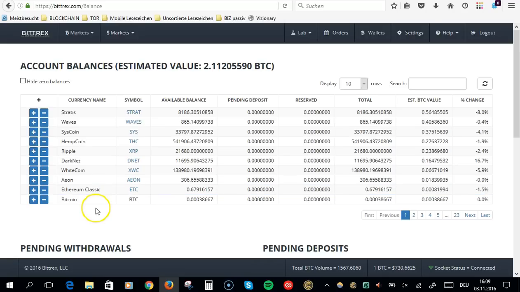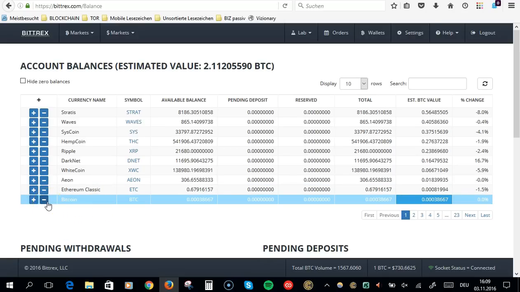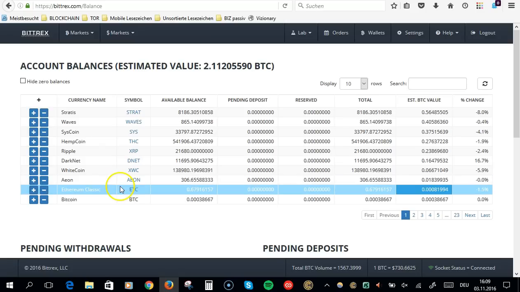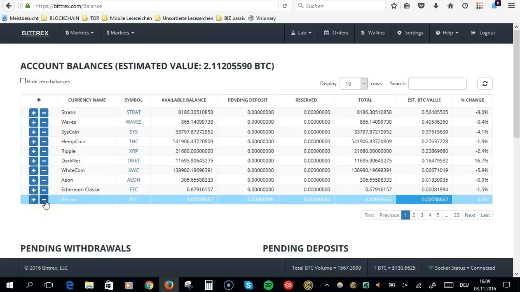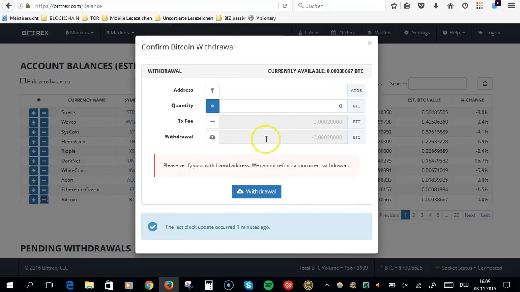Oh, and by the way, if you want to withdraw your coins to an external wallet, you simply go here and click the minus button. There will be this window showing up, and you simply put in your external wallet address or your mobile wallet address, wherever you want to send it.